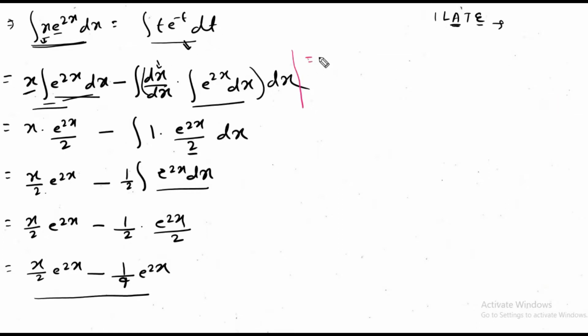Here the right side term is integration t into e to the power minus t into dt. Here t is an algebraic function and e to the power minus t is an exponential function.